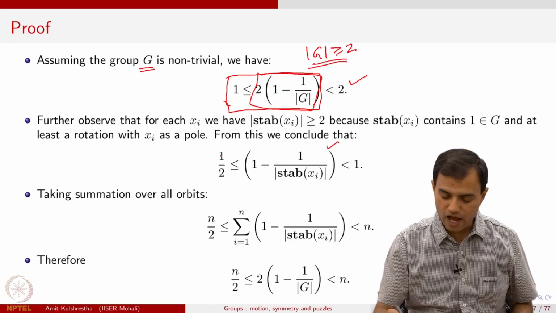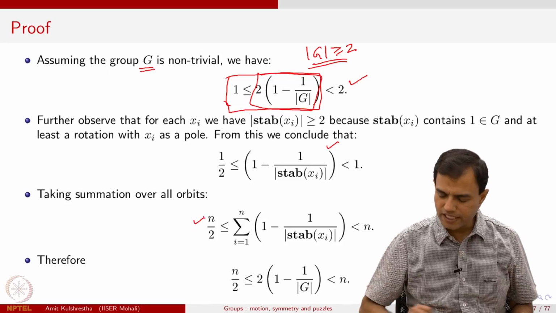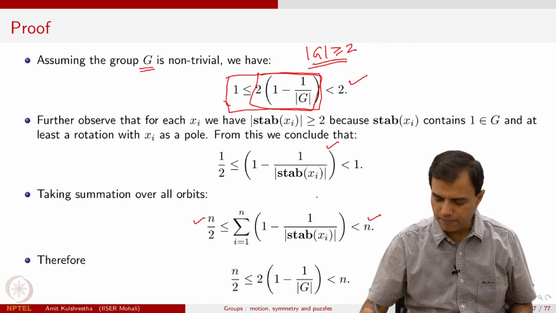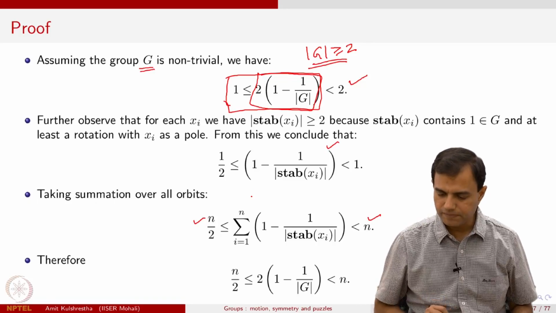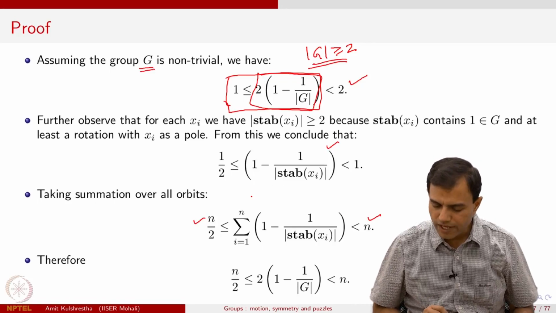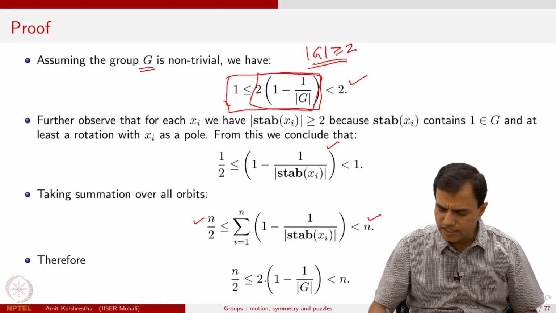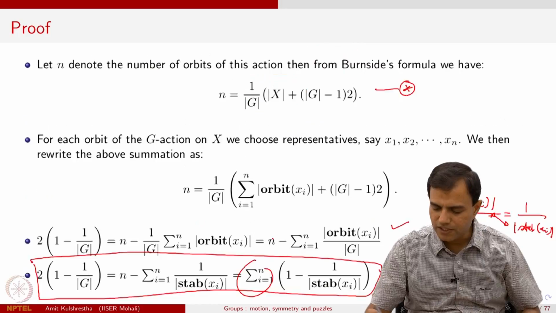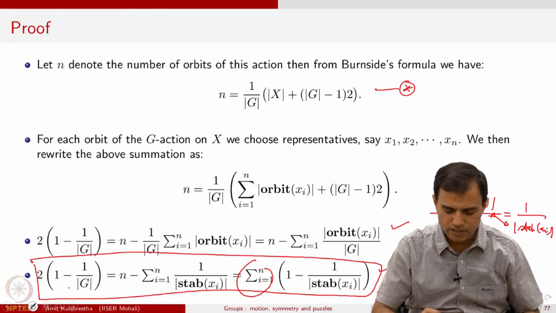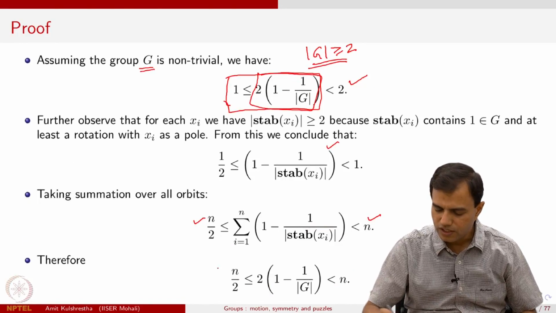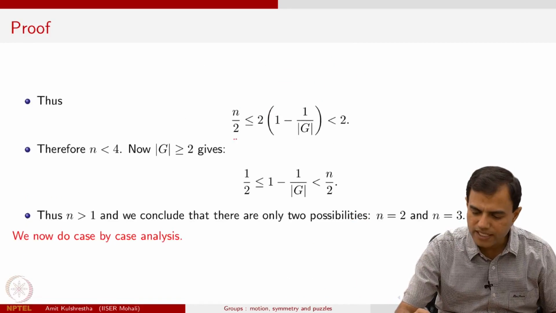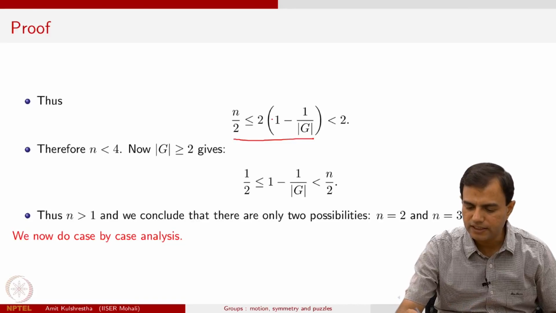So this is a constant half, the number of orbits is n, constant 1, the number of orbits is n, and here the summation is happening, right? So what I have is n by 2 is less than or equal to twice of this, because the summation is precisely twice of 1 minus 1 divided by the size of G. So n by 2 is less than or equal to this, and this expression is anyway less than 2.